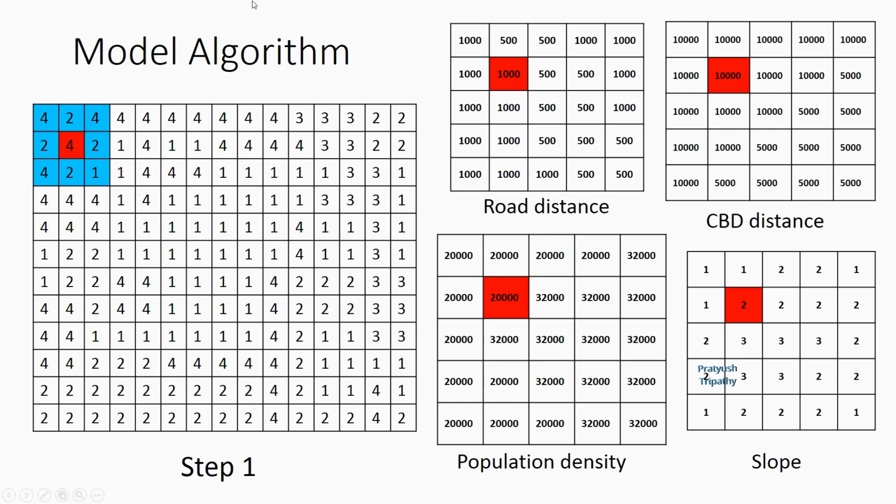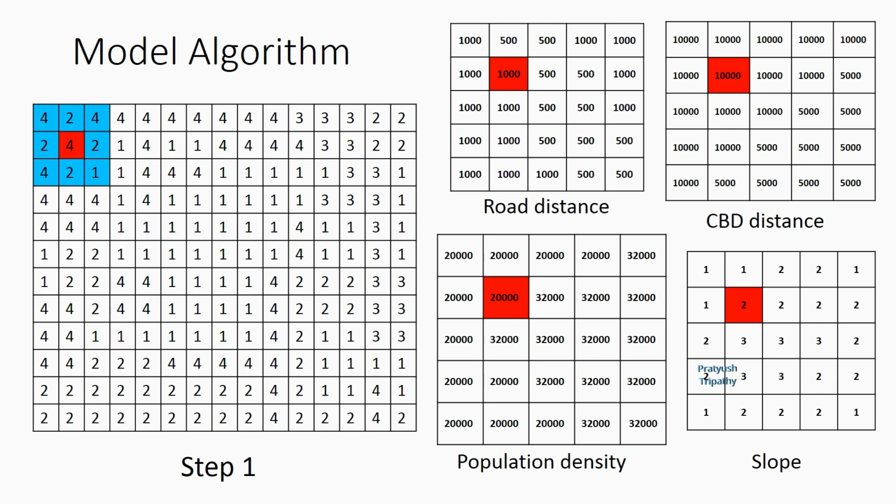So in the road distance layer, in the CBD distance layer, in the population density layer, and the slope layer, it checks whether the value of that layer is greater than the threshold defined by the user or not. If the threshold is exceeded, it replaces the value with 1, which is built up, which means the model says that the built up growth will take place.